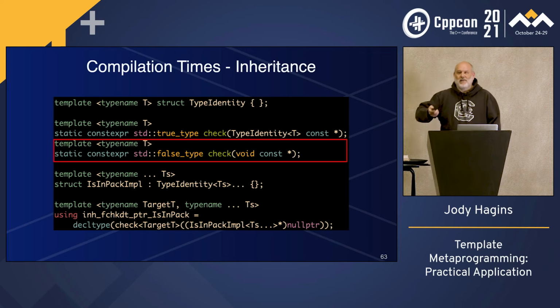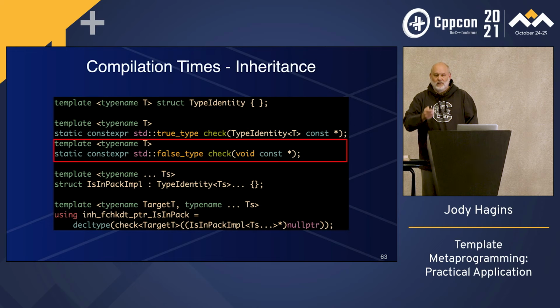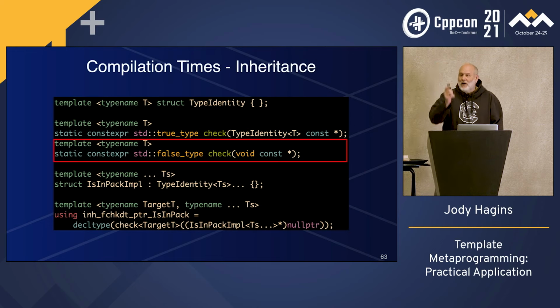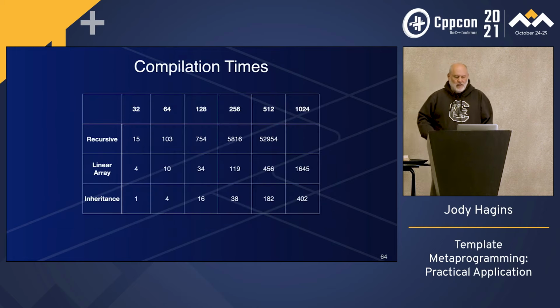That's a hard error that you're going to get, right? So there's a restriction on this. But if you're willing to say, you know what, I'm okay with having only one type in there, then you do get a performance win.